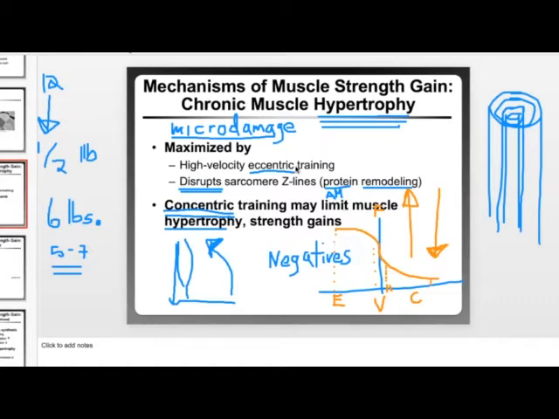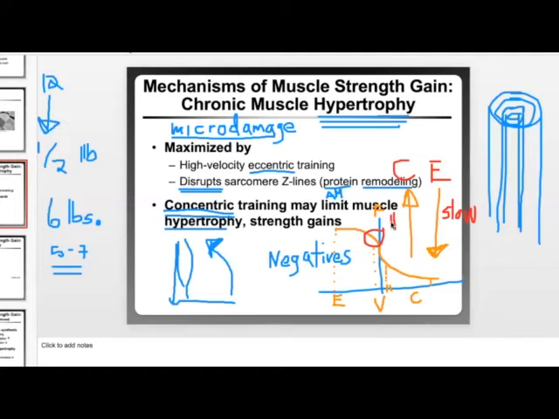So if you want to promote this disruption or this breakdown of your muscles, you want to work your eccentric muscle contractions at lower velocities. All right, eccentric is going down, and you want to work it slow, whereas your concentric muscle contractions are the ones that are going up, but they're already good at low velocities, so you want to go high.